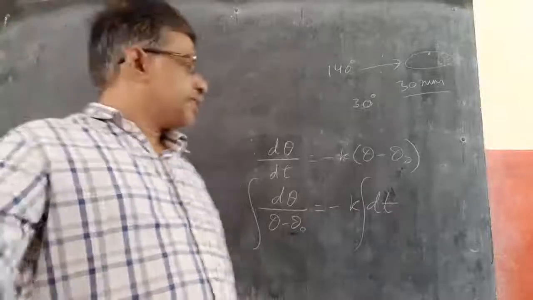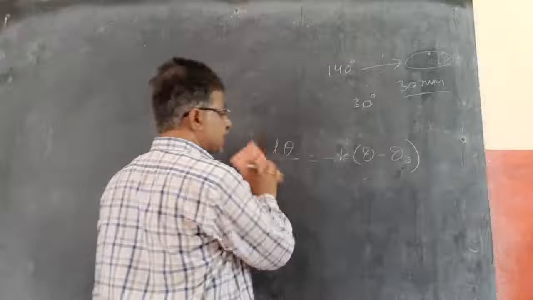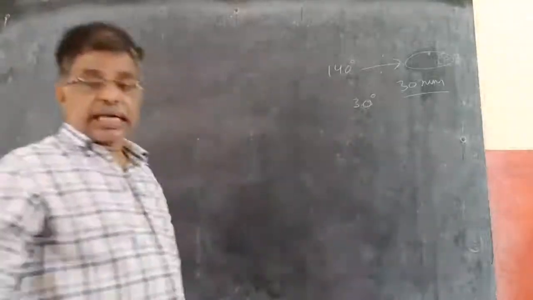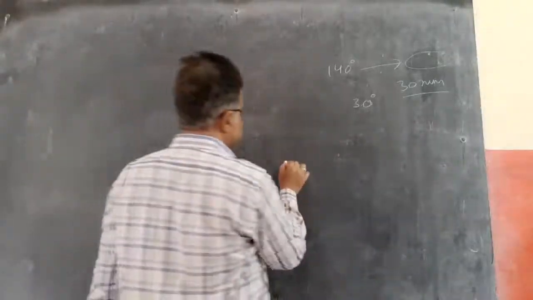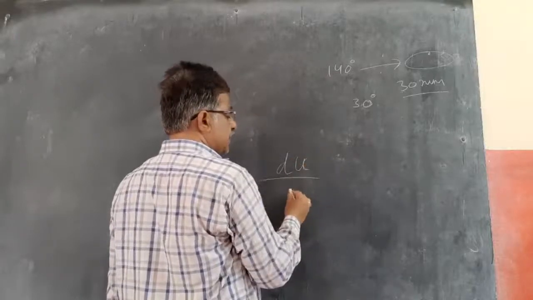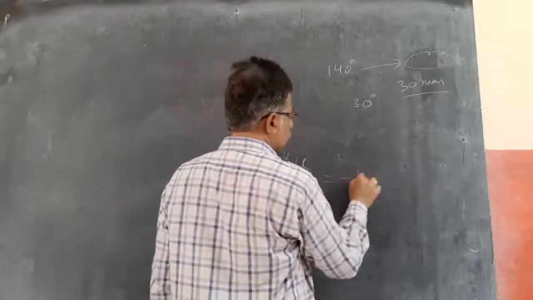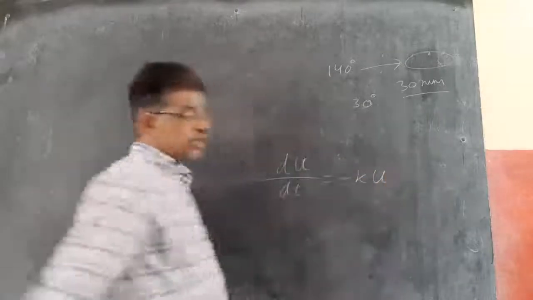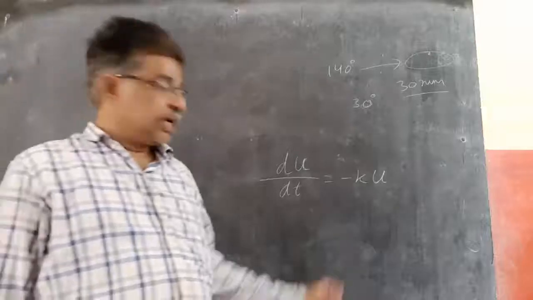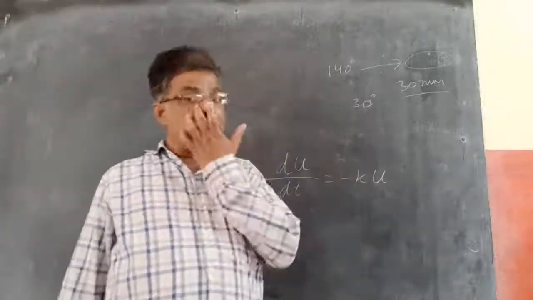Not only in physics, but also in chemistry: radioactive elements decay, and the rate of decay is proportional to the amount of substance present. If u is the mass of the radioactive element, then du by dt equals minus k into u, proportional to the mass of the uranium or radioactive element.